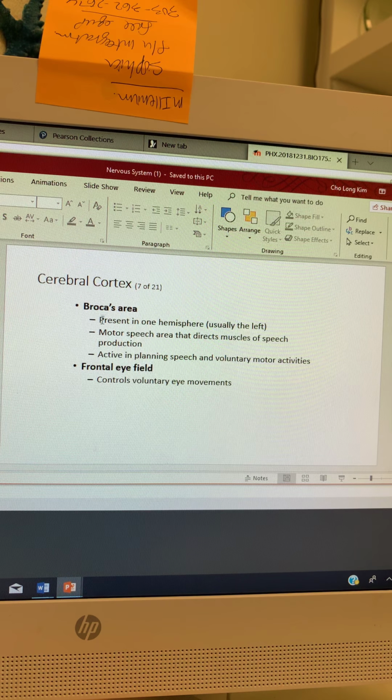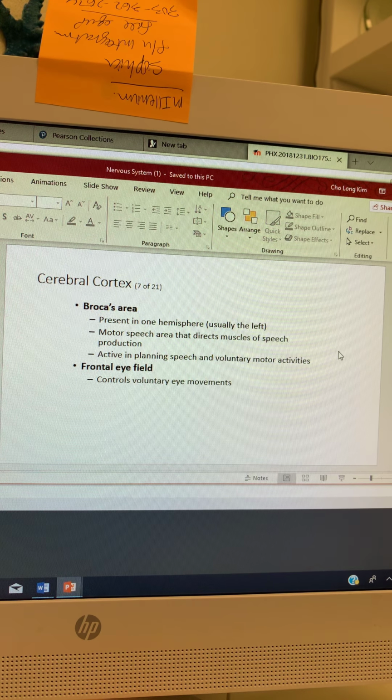Broca's area is present in one hemisphere, usually the left. It's the motor speech area that directs muscles of speech production. It's active in planning speech and voluntary motor activities. Broca's area is one of the 2 speech areas that have gotten quite a bit of press regarding how they do what they do and how they govern what they govern.